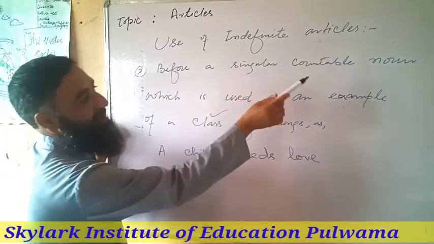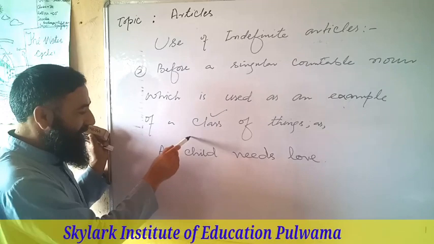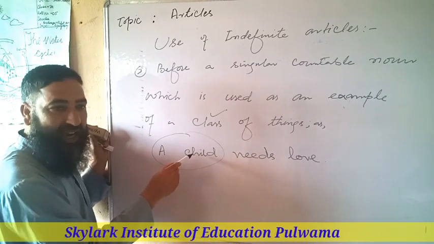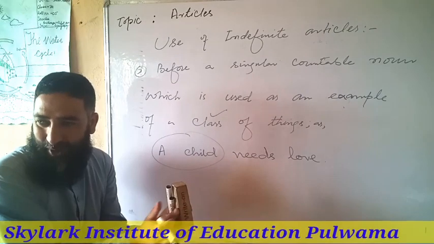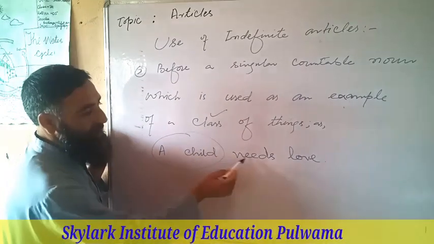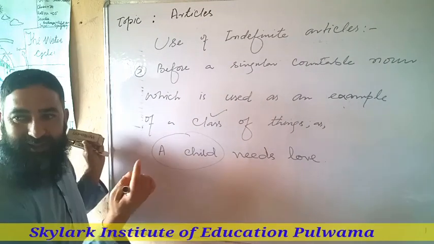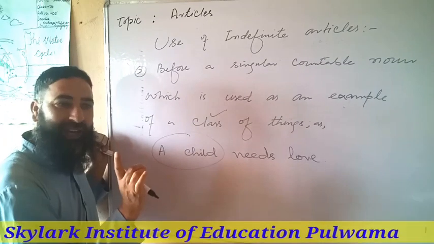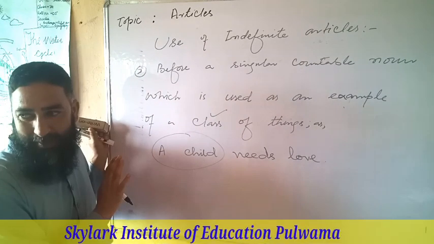Before a singular countable noun, when it is used as an example, you have used this child as an example from all the children. बेटा ये बच्चा जो है ना, एक बच्चे को प्यार, इसका मतलब नहीं होता है एक बच्चे को, आपने सारे बच्चों में से एक को एज एग्जाम्पल यहां प्रेजेंट किया है. मेरी बात समझ रहे हैं?